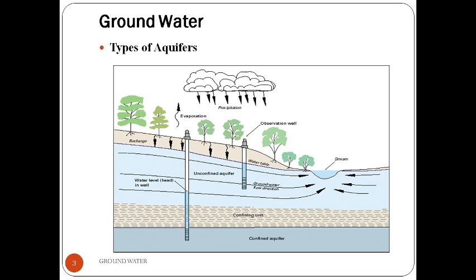Unlike unconfined aquifers, confined aquifers don't receive significant amounts of recharge from the overlying surface. The groundwater within a confined aquifer is under a pressure equal to the sum of the weights of the atmosphere and the overburden.